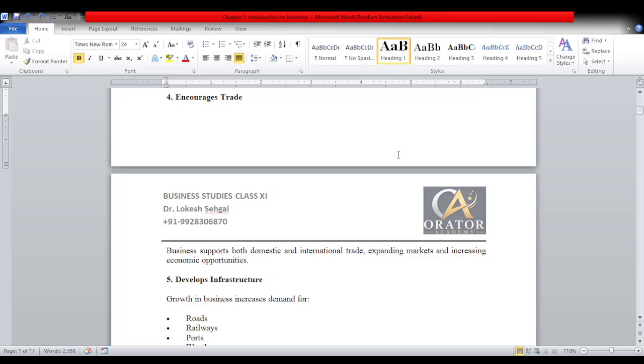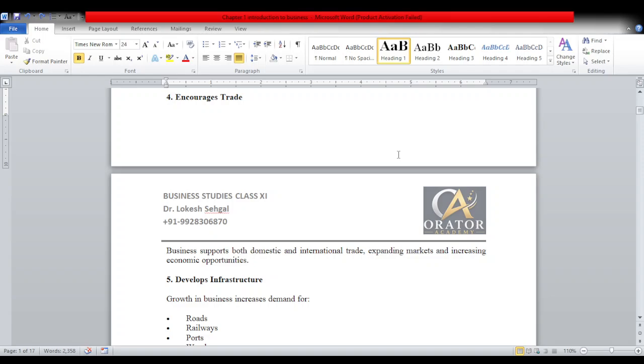You are definitely supporting your own economy by providing them goods and services, whatever you are producing, but simultaneously you are exporting the goods on an international level, and you are sending your goods from one country to another. So this is how you are increasing your trade to other countries as a businessman. Business supports both domestic and international trade, expanding the market and increasing the economic opportunities.